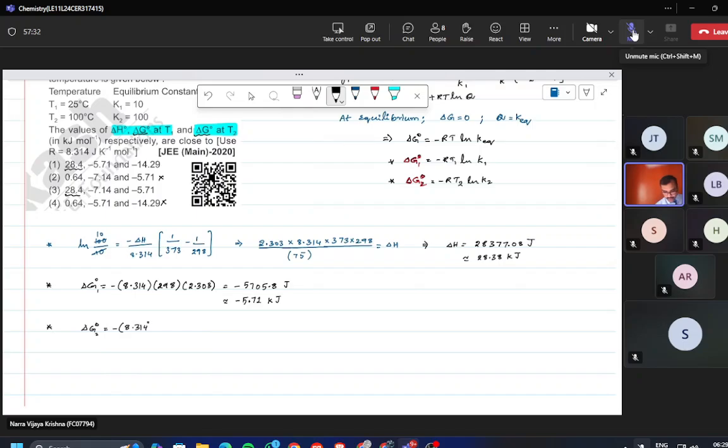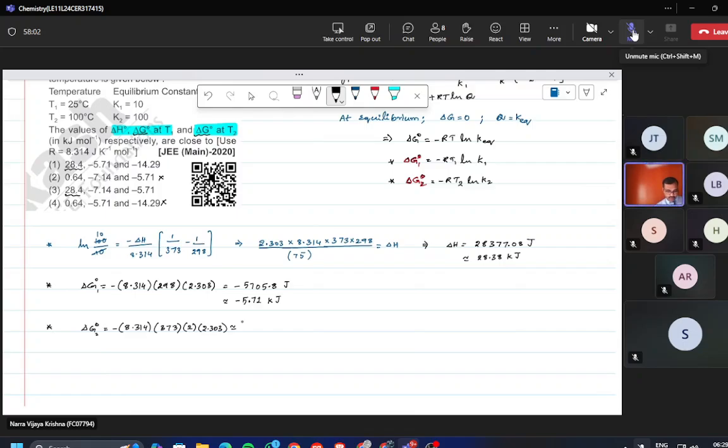Now delta G2 equal to 8.314 into temperature, which is 373, into 2 into 2.303. I can write 10 squared, means I will write 2 into 2.303. Correct? Done. So 8.314 into 373. Sir, we will get double the delta G1 value, sir.